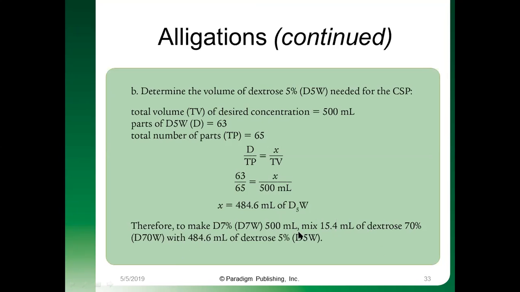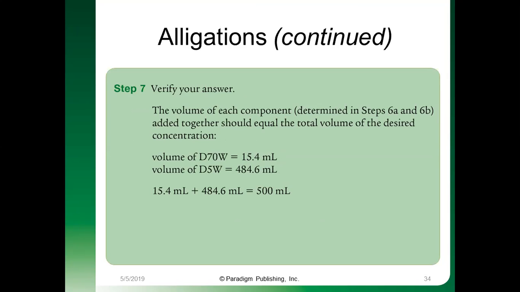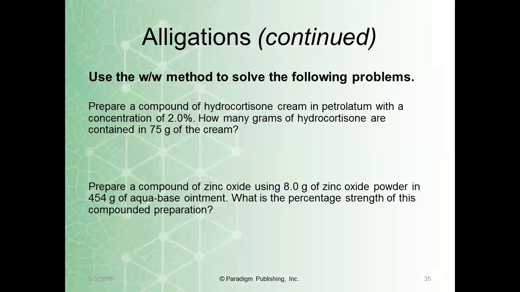So if you add 15.4 plus 484.6 should give you the total volume that you need, which is 500. That's a quick way to check to make sure you have the correct information. So to verify your answer, 15.4 plus 484.6 mLs is equal to 500 mLs.